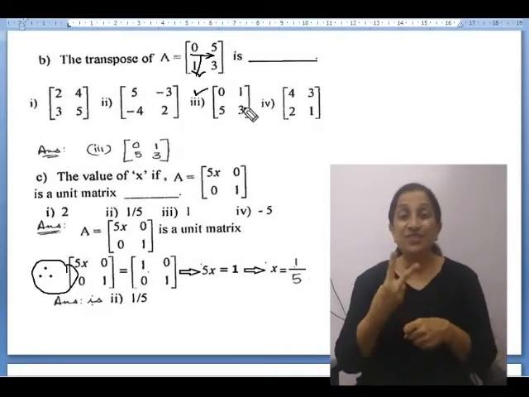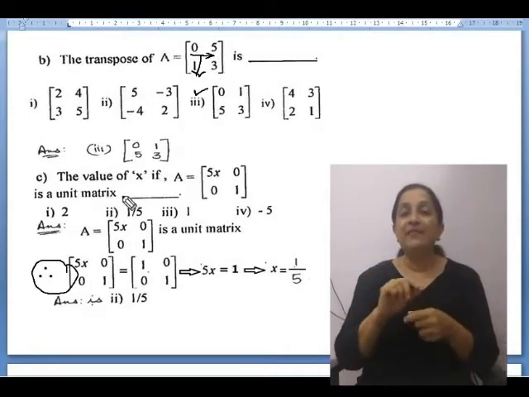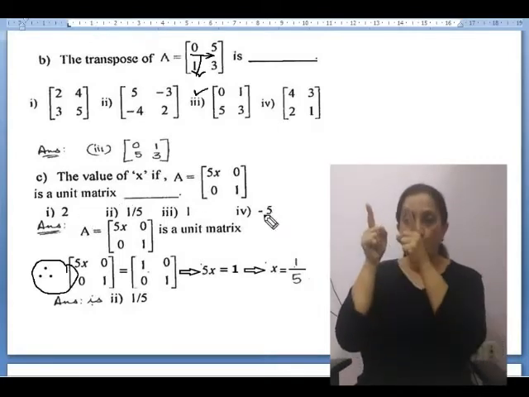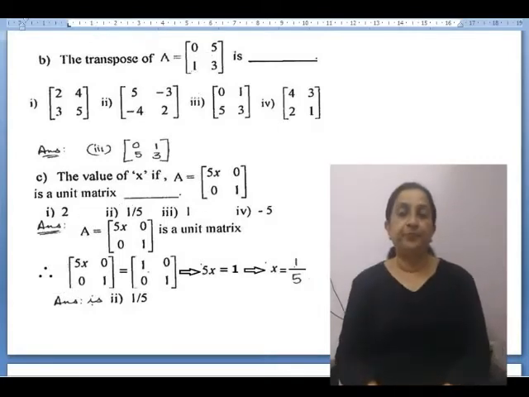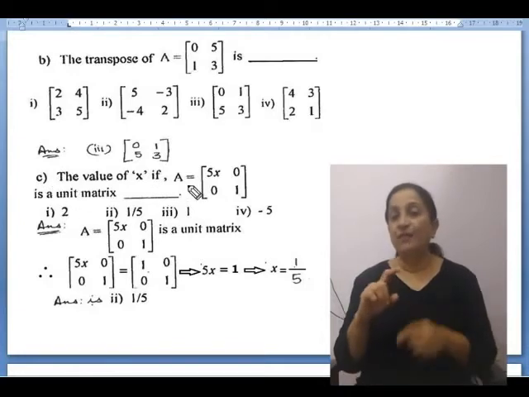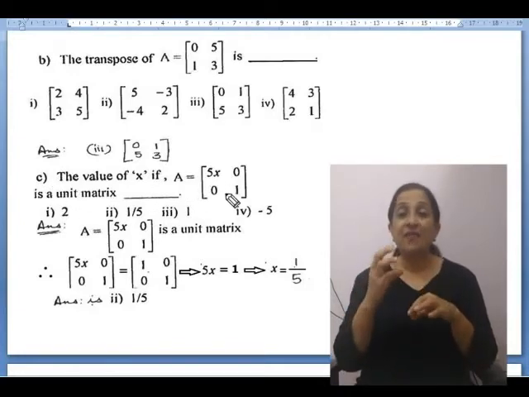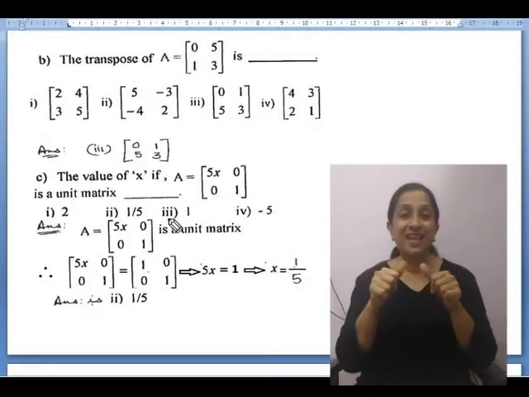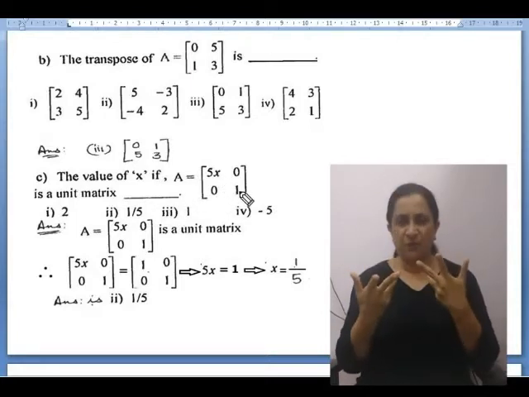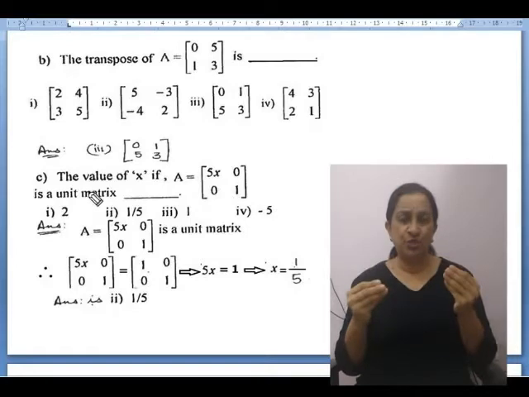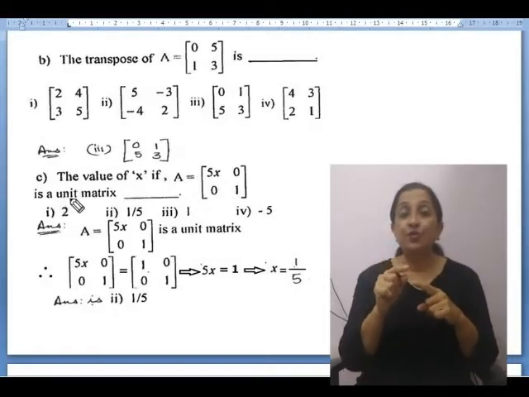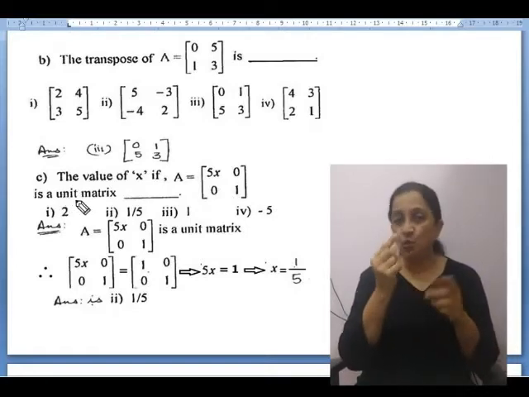Second row becomes the second column. See, what is the value of x in this matrix? This is nothing but a simple solution of the matrix. So you multiply. Oh, sorry. He's asking for that to be a unit matrix.